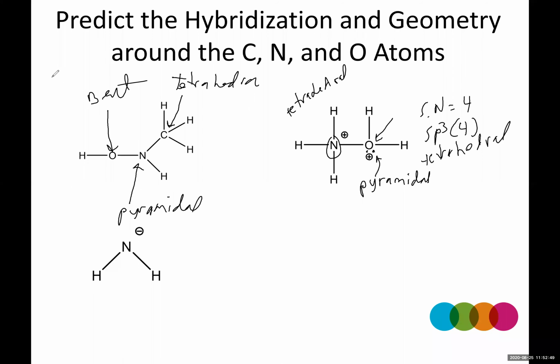NH2. I'm going to erase the... Can you see this? Yeah, I guess I don't have to erase it. So what's the geometry around that nitrogen? Bent. That's correct. Thank you. It's a bent structure, and again there are 2 levels.